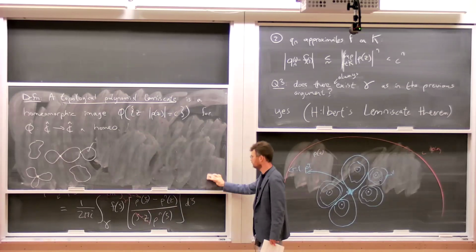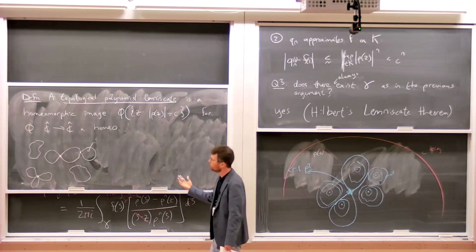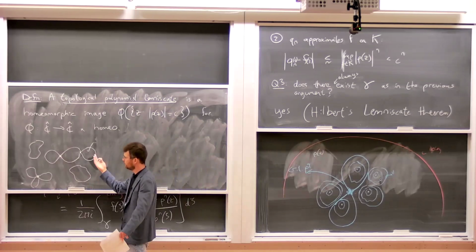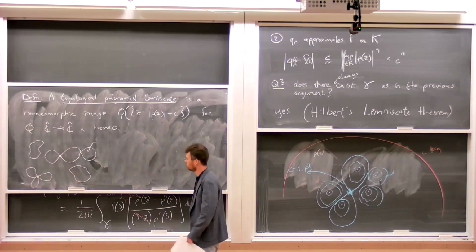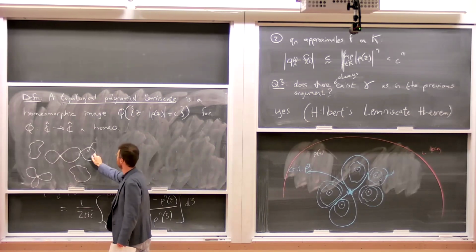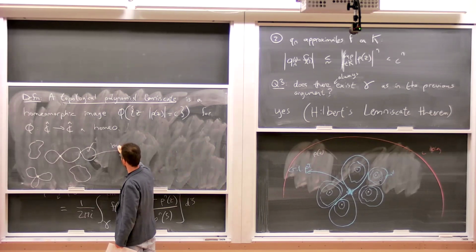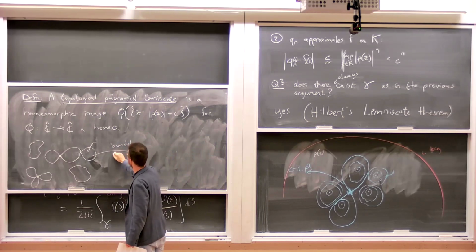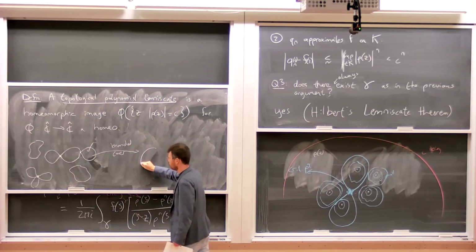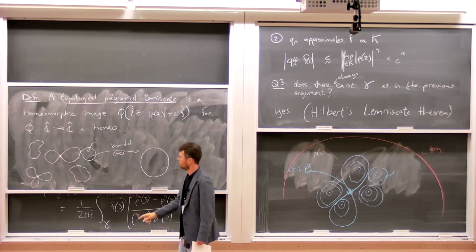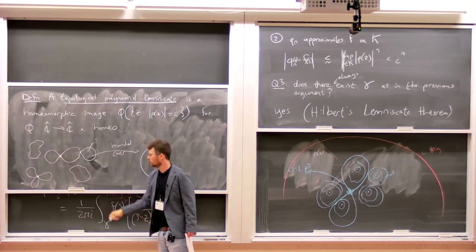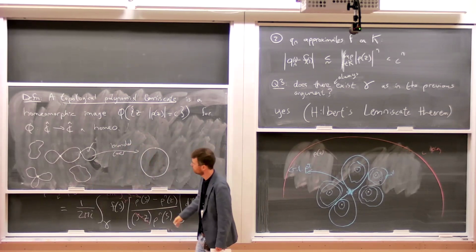This intrinsic definition is equivalent to the one I wrote down, and the proof is just the measurable Riemann mapping theorem. If you have such a picture, which doesn't fail to be a lemniscate for obvious topological reasons, you can define a branched cover which maps this topological lemniscate to a circle.